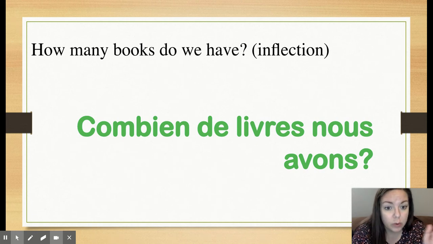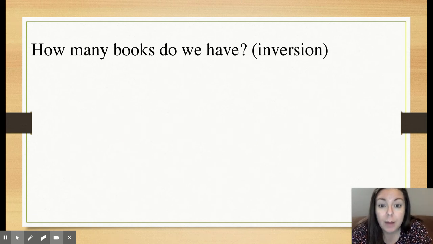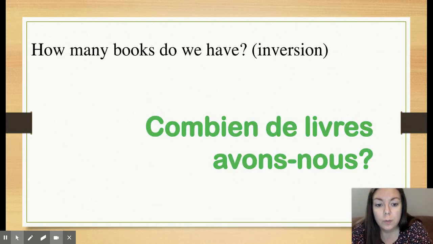Inflection, so it's just we have question mark. How many books do we have? Inversion. Pause, écrivez. Combien de livres avons-nous? We flipped it.